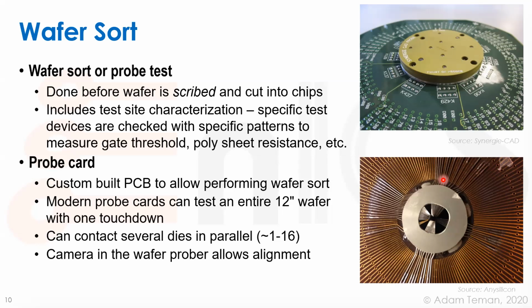There are also different things that you draw onto the wafer that help the wafer prober find the exact place where it should position itself to connect to the pads. So this is the type of thing that's done in the wafer sort.